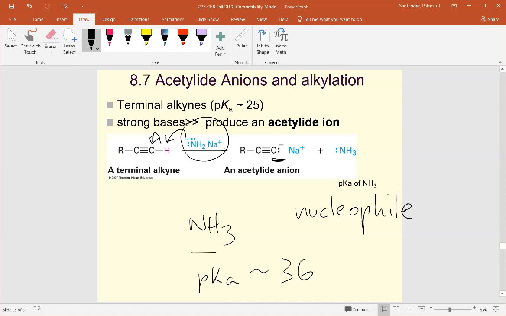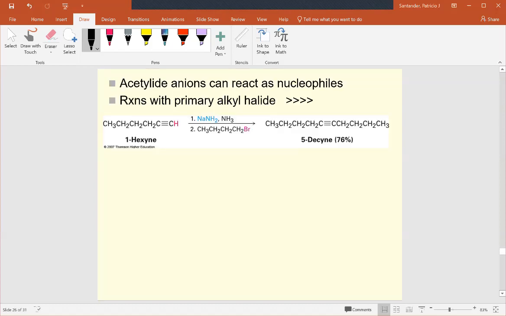The other possibility is that it can act as a base. When it acts as a base, it will be looking for protons. It will abstract a proton from another species, and then the acetylide anion will get protonated.